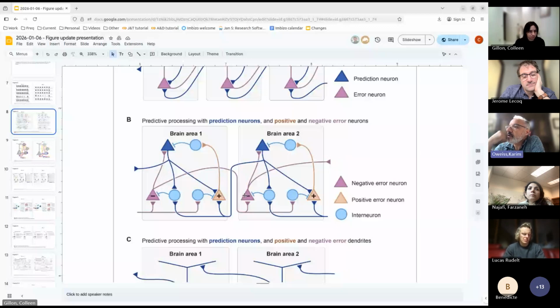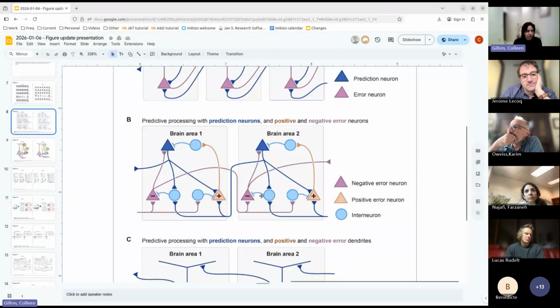And then the positive error neuron is upregulated, right? So that would create a difference in the mean average of the interneuron projecting at the higher level area, right? But it wouldn't differentiate between which was higher and which was lower. Yeah, but I'm saying it's just going to create a differential signal.